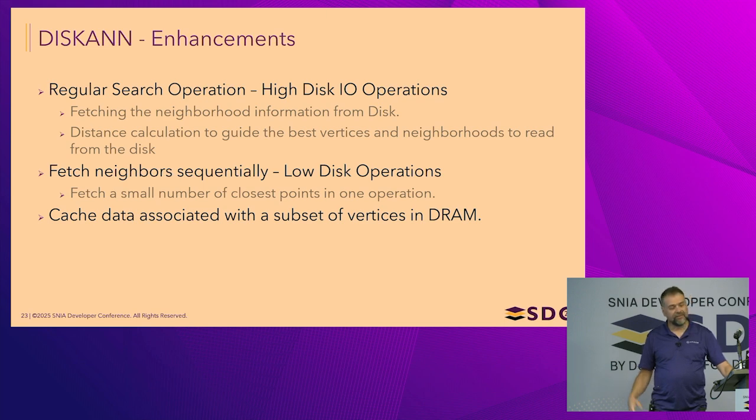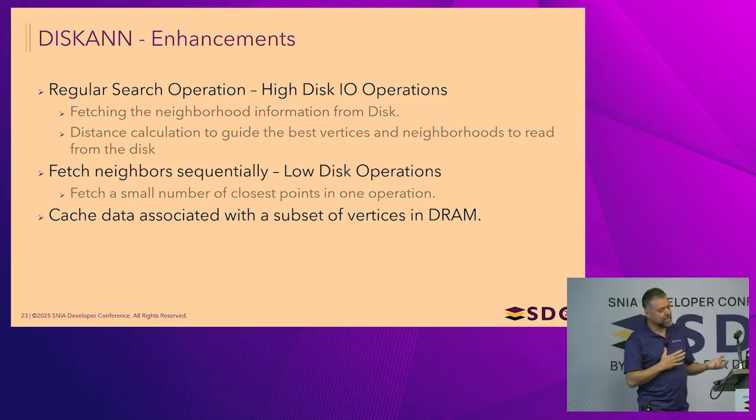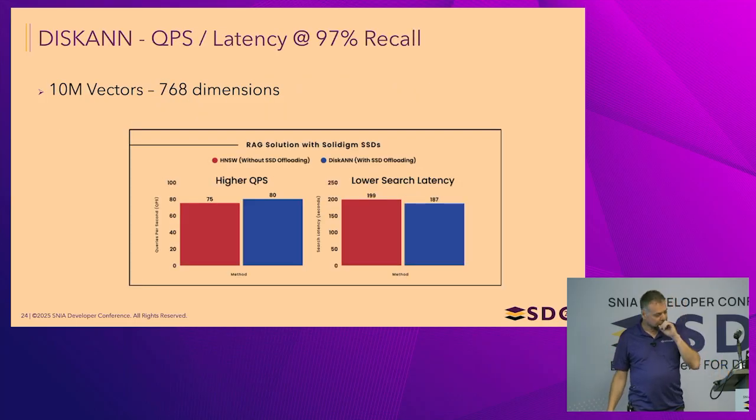And interesting enough, that cached data is updated throughout the life of the indexing. So as long as it is up and I'm having searches, that map that is in DRAM is updated. So theoretically, with time, the more you use a DiskANN index, it should get better results just because I'm updating that.